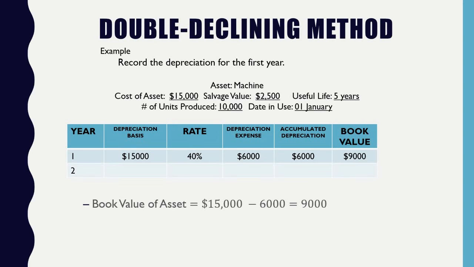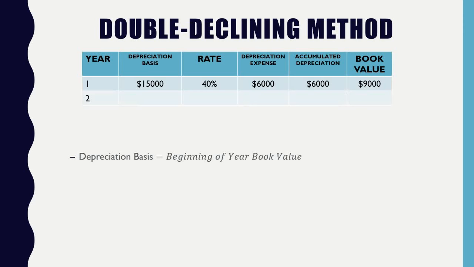Once you determine that this is 9,000, this number, your book value, is going to be the beginning of the year for year 2. So your depreciation basis for the second year is going to be the beginning of the year's book value. So that means your depreciation basis is $9,000. Okay.